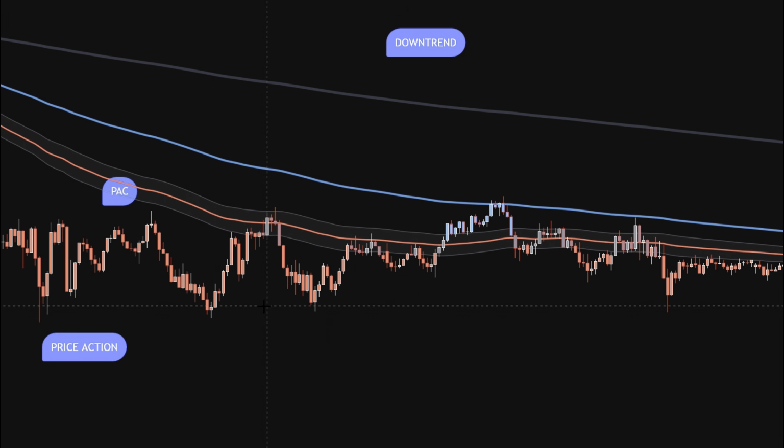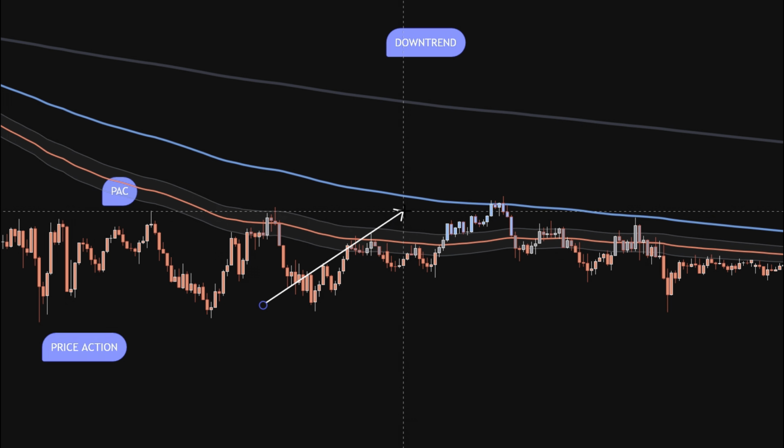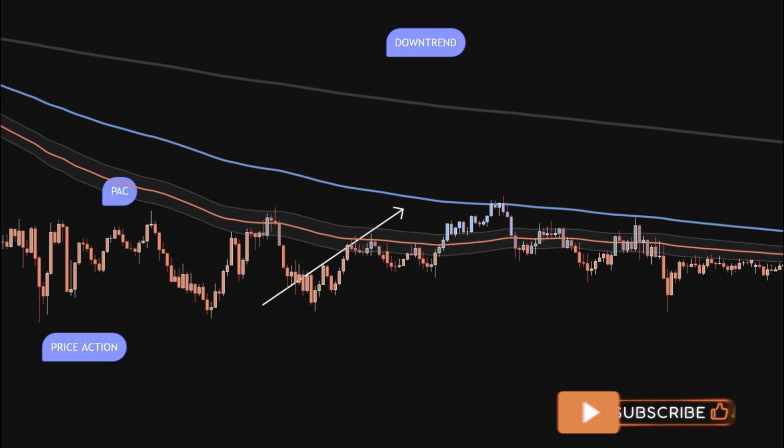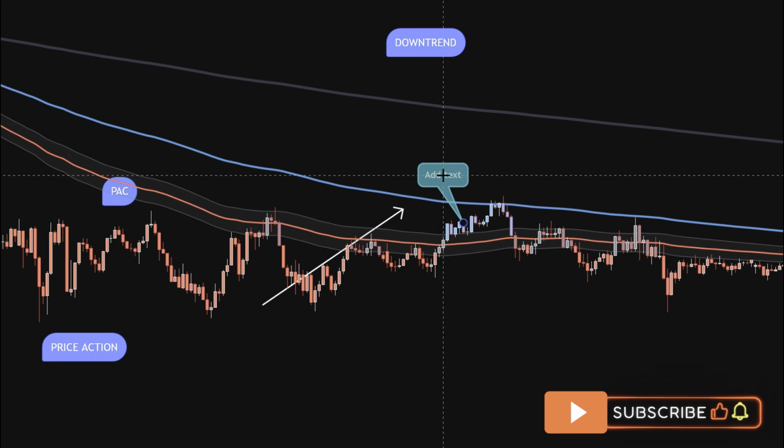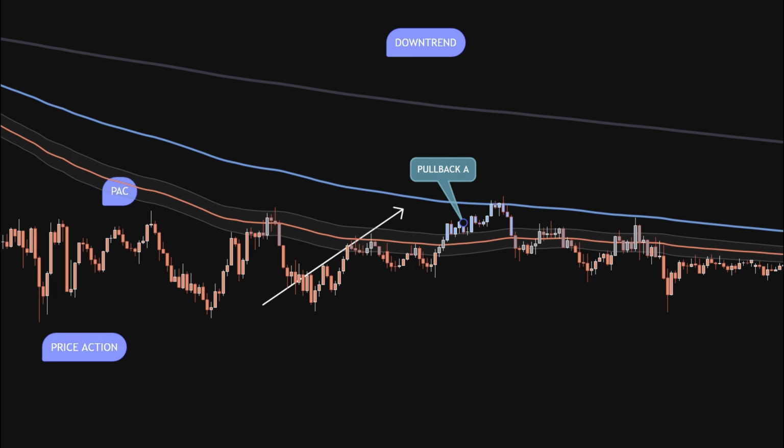We look for high potential momentum. Look at it like this. Price pulls back above the pack, but it is still in a downtrend. That pullback is retail hope and weak hands trying to catch a reversal. We're not interested in the pullback itself. We're interested in what happens after.